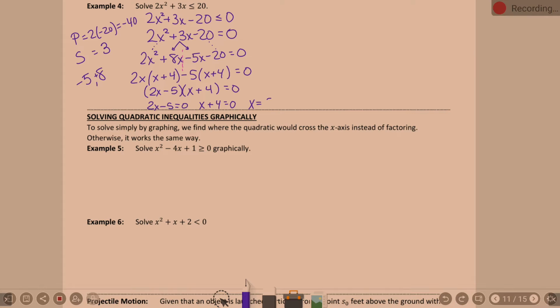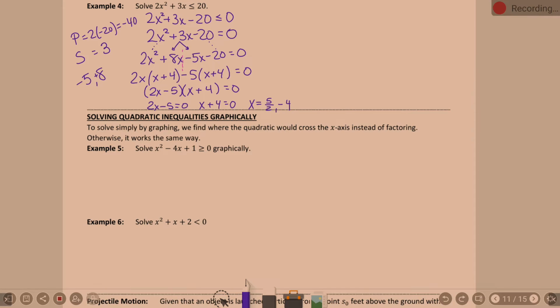Add 5, divide by 2, you get 5 halves. Subtract 4, you get negative 4. I can skip that work, right? We got the basics here. Now, that's why I said we don't just want that negative 5 and 8. What do we know when we look at the graph about 5 halves and negative 4? 2.5 and negative 4.